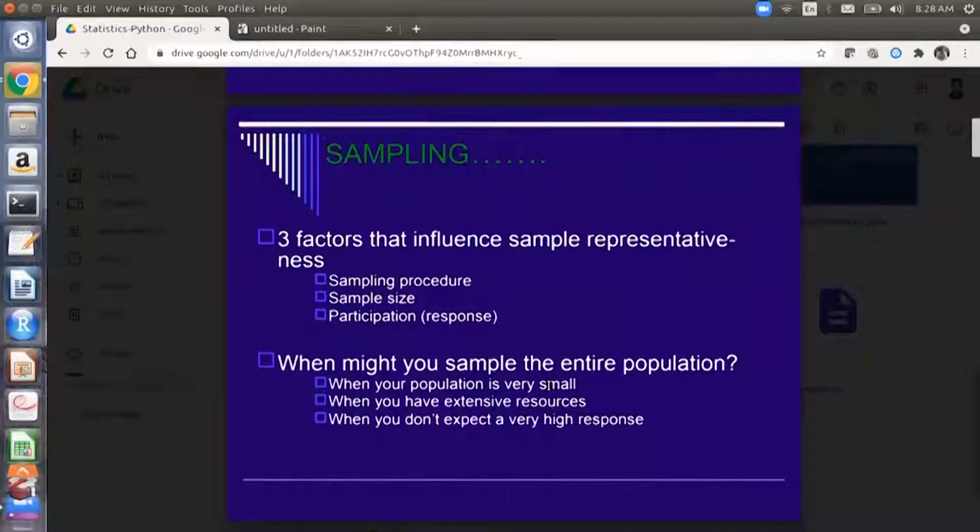Sampling procedure we will see later. Participation or response. Sampling procedure and sample size we can control. Now participation and response is basically how the general public is giving the feedback. So for example, you guys are doing a survey. Sometimes whenever we go to some malls and some places, they ask us to put in feedback.